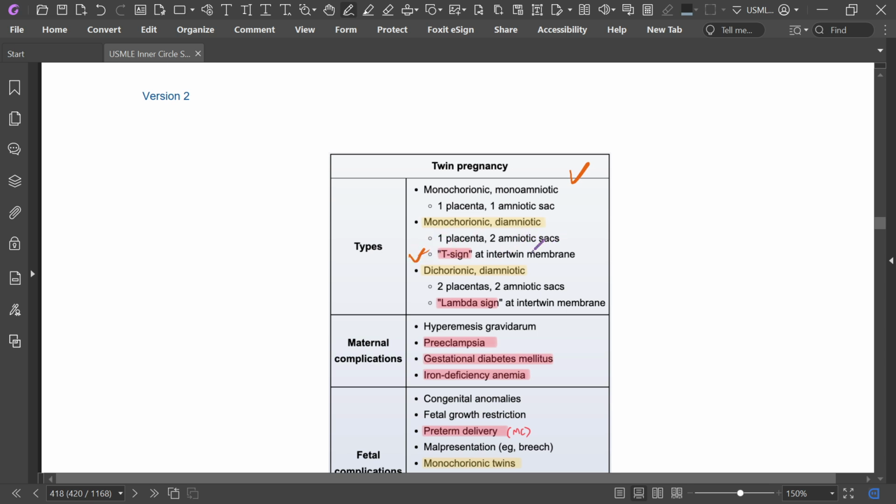There is T sign at the intertwined membrane. In monochorionic diamniotic, there is T sign, and if dichorionic diamniotic, lambda sign.